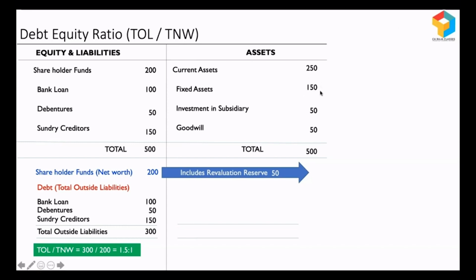In that they had some land worth 10 million. I'm just narrating the story before doing the revaluation. So let me give you the breakup. This 150 has two components: 100 million plus 50 million. What is that 50 million? That's what I'm explaining.